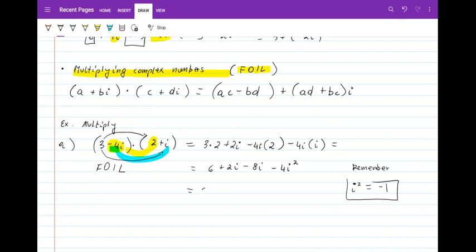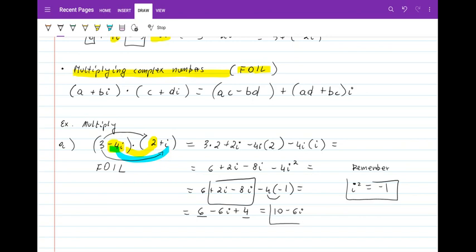So we have 6 plus 3i minus 8i minus 4 times negative 1. So let's simplify. I'm going to combine like terms here. So we have 6 minus 5i, negative 4 times negative 1 will give you positive 4. Combine like terms. So 6 plus 4 will give you 10 minus 5i.